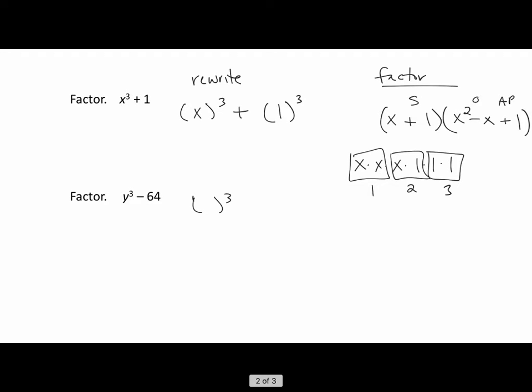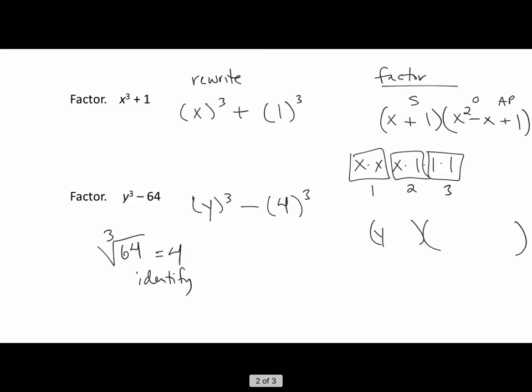Our next example, we want to identify what kind of cubes we're working with. So that first term is y cubed and 64 is 4 cubed. If you're not sure, you can take the cube root of 64 in your calculator to identify what the cube root is. So now we can factor these perfect cubes. The first factor is just what's being cubed, y and 4.